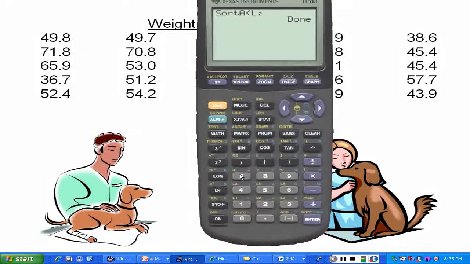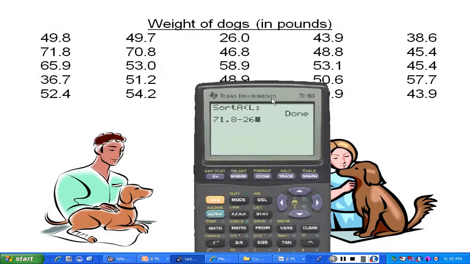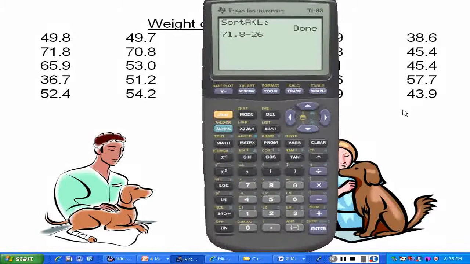So we have 71.8 minus 26, correct? So I enter and I get 45.8. Well, what is the class width in this one? Again, I didn't tell you, but look at the lines. We have 1, 2, 3, 4, 5, 6. So we're going to divide it by what? By 6.